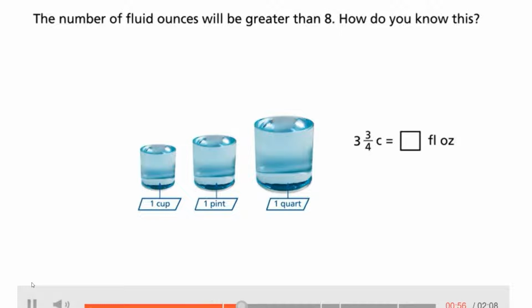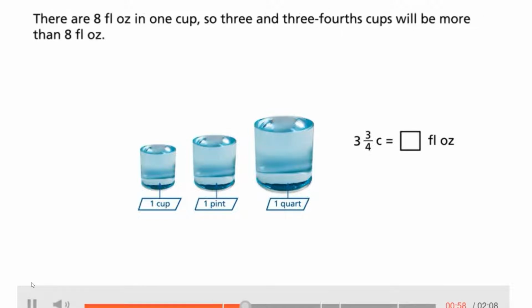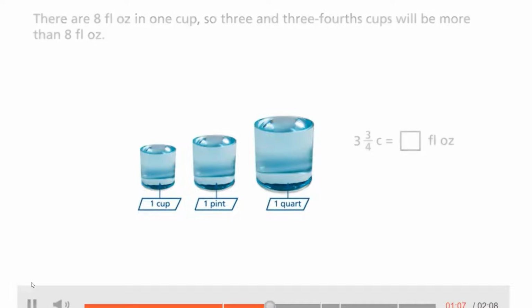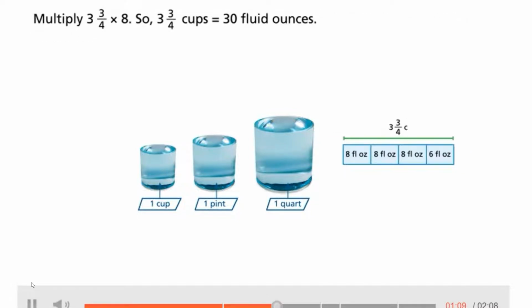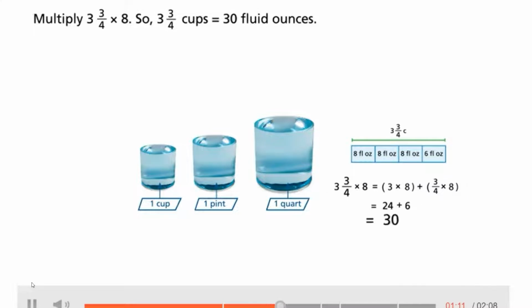How do you know this? There are 8 fluid ounces in 1 cup, so 3 3/4 cups will be more than 8 fluid ounces. Multiply 3 3/4 times 8. So 3 3/4 cups equals 30 fluid ounces.